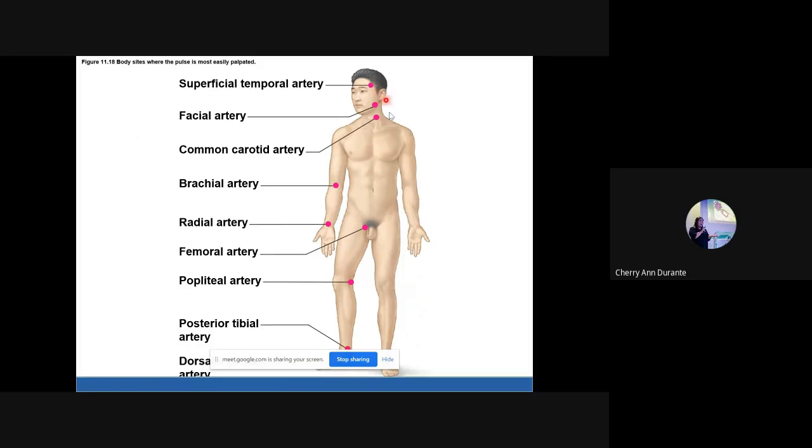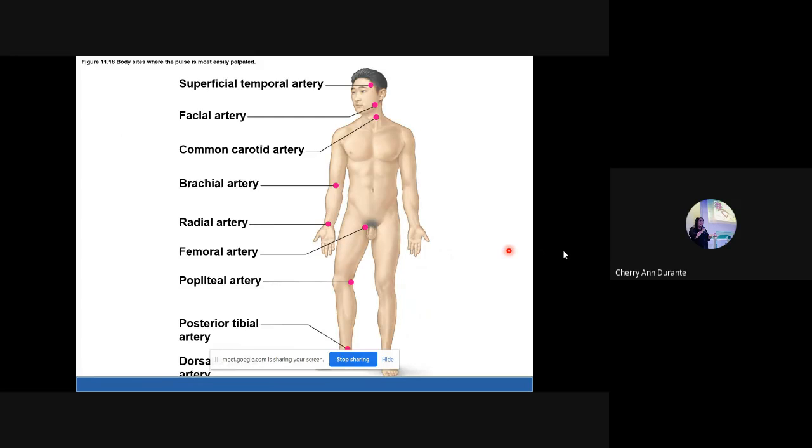So first is your temporal artery. Temporal artery. So in your temporal artery, you will have their temporal pulse. Can you do that? Can you locate it? Can you put your fingertips, two of your fingertips, in your temporal area? Yan, at the side of the forehead. And palpate.